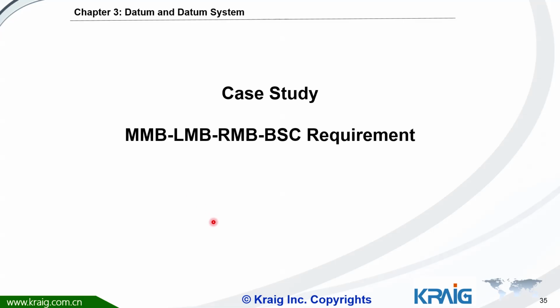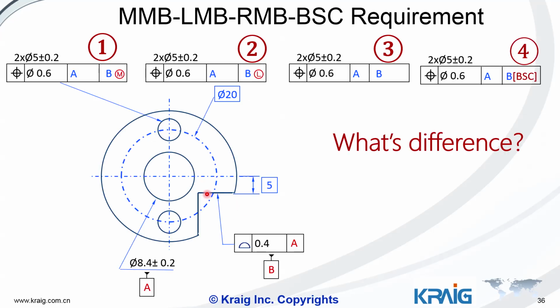There's one more case study. As we learned in the previous example, datum B is the hole, and here we're going to teach you what about when datum B is a surface, and datum B is the second datum. So here the first datum is A, a center hole, and datum B is a surface, and we can specify datum B in 4 different ways.